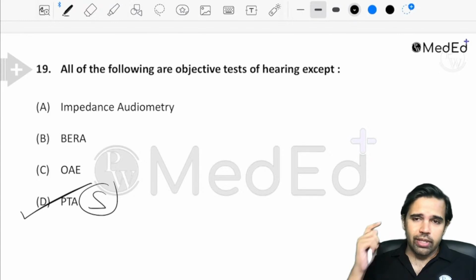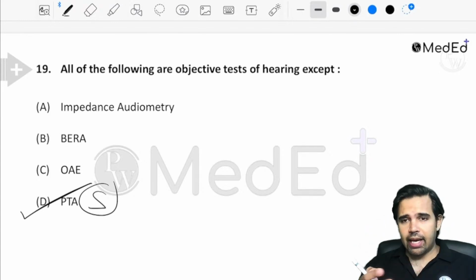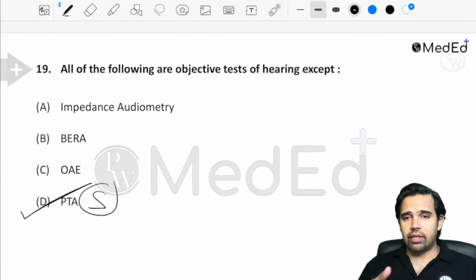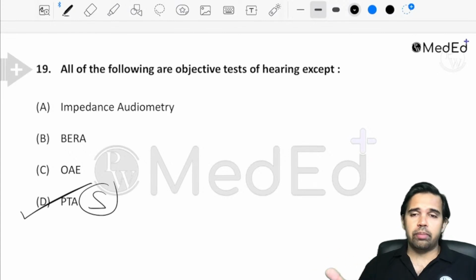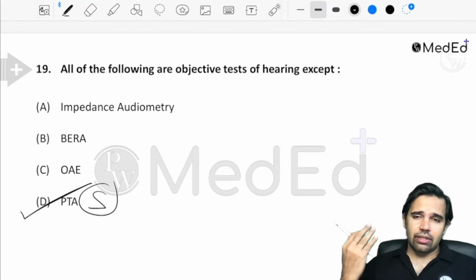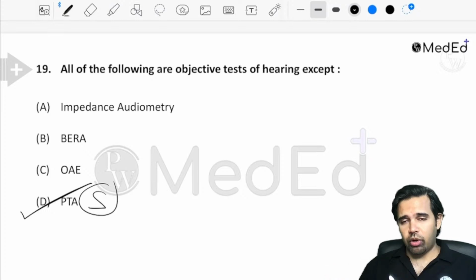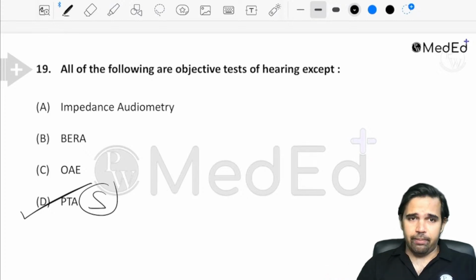Impedance audiometry, you're basically giving pressure inside the canal, and you're looking at the compliance, telling whether there is fluid. BERA is like an ECG. It's taking electrical waves, measuring the electrical pathway going from when sound is stimulated from the cochlea all the way to the auditory cortex in the brain.